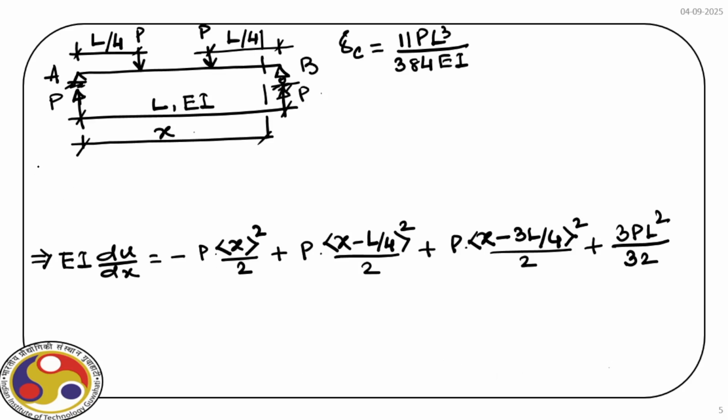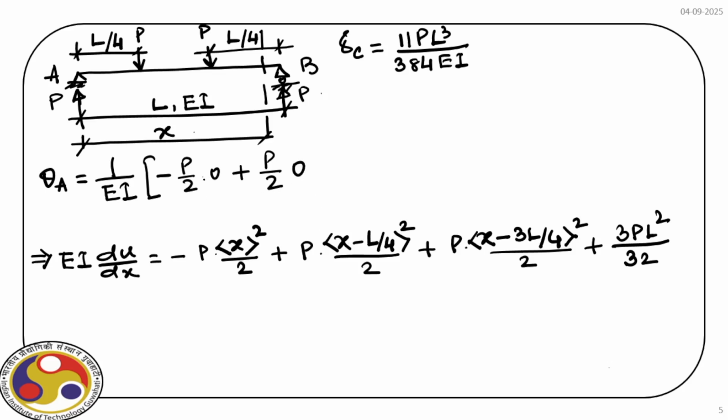Okay. So now theta A is equal to 1 by EI, and on the right hand side we have to put x equal to 0. So first term: minus P by 2 times 0, plus we have P by 2 within bracket again x minus L by 4, so x equal to 0, so that is negative.